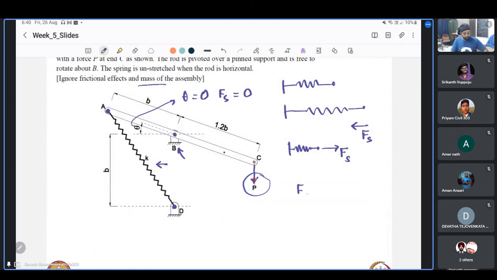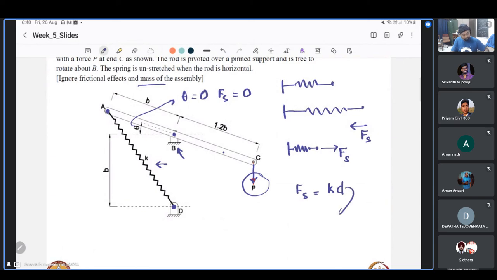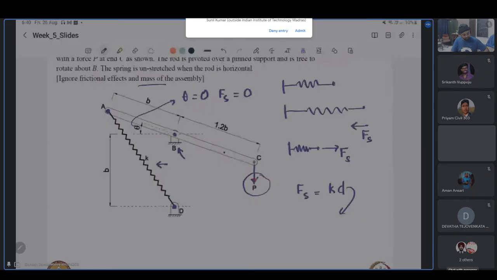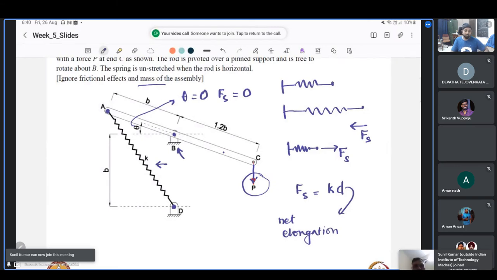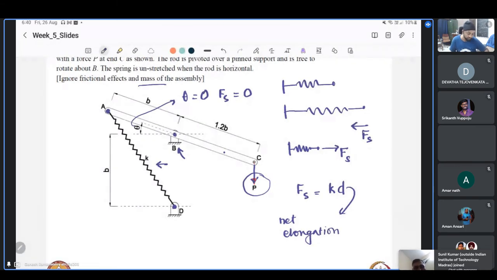Spring force is nothing but the stiffness times the net elongation. This D is the net elongation in the spring. So we invariably need to calculate what the net elongation is.